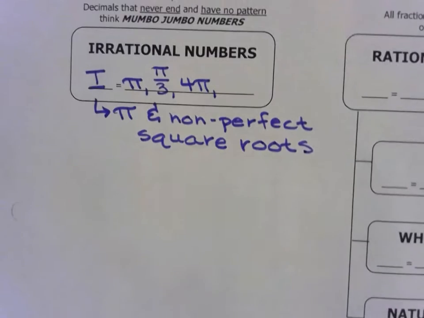Okay, so jot down real quick underneath irrational: irrational numbers are pi and non-perfect square roots.